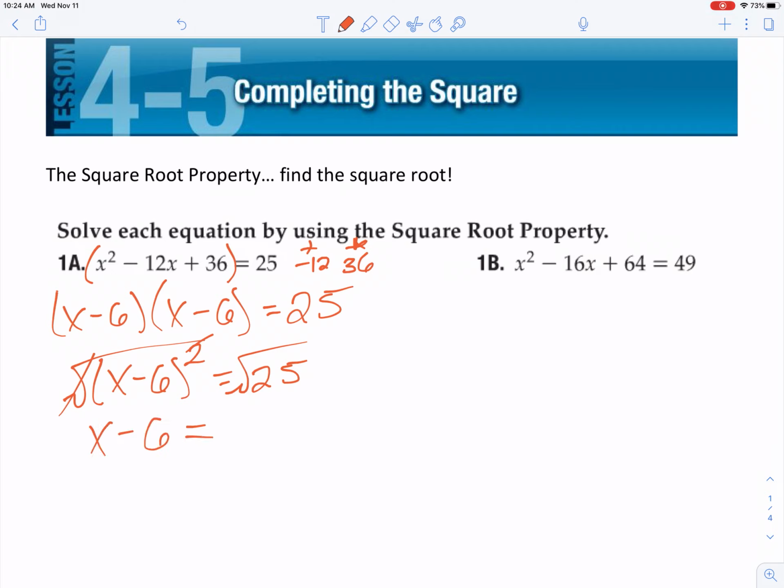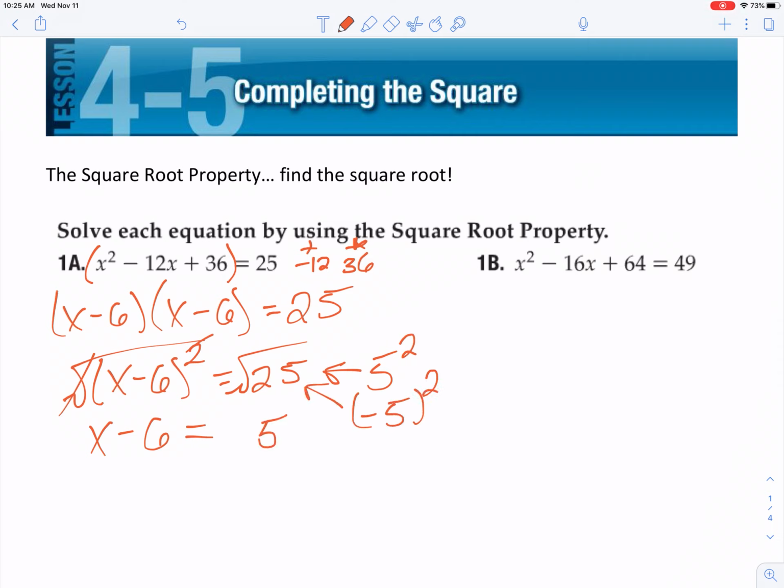And hold on. You are no longer in second grade where you can just say, oh yeah, all square roots have to be positive. No. You need to account for the fact that 5 squared is 25, but also, negative 5 squared is 25. So the way that I'm going to account for that is this really cool symbol.